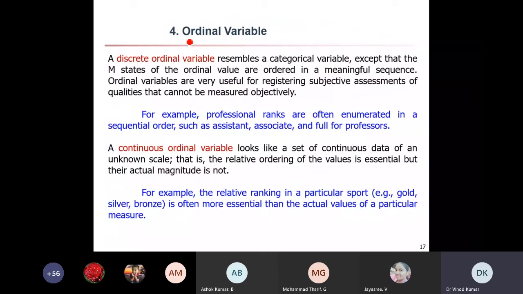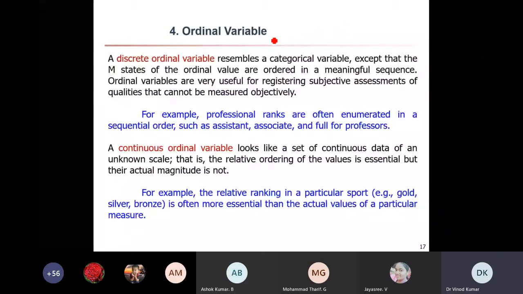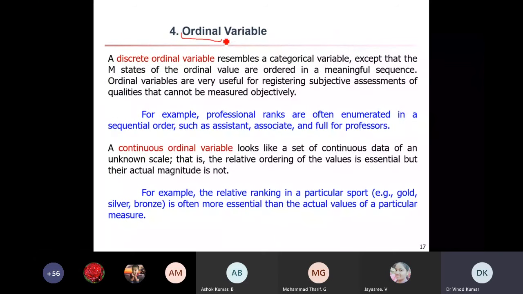Next, you can see here, ordinal variables. What are ordinal variables? See, this is also similar to categorical. The distinguishing feature is in its name. You can guess from the name also. Ordinal means order.